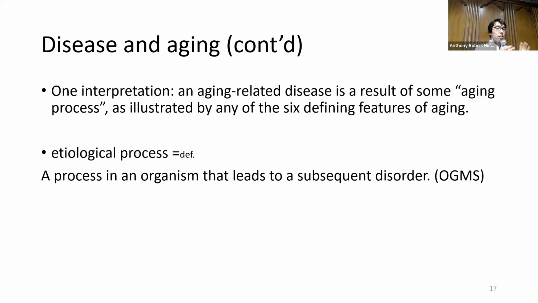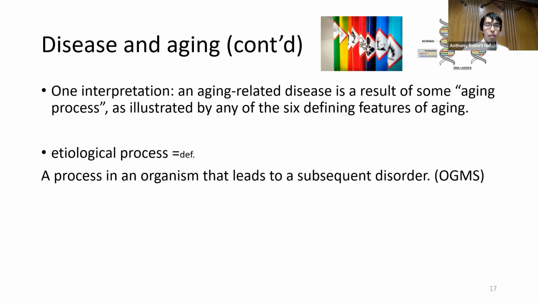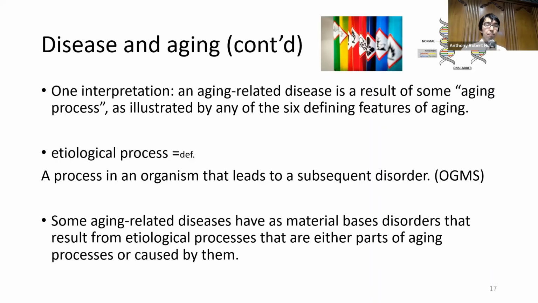It's defined as a process in an organism that leads to a subsequent disorder. An example is toxic chemical exposure that leads to the mutation of the genomic DNA of a cell. Using the etiological process, we can think that some aging-related diseases have as material bases disorders that result from etiological processes that are either parts of aging processes or caused by those aging processes.